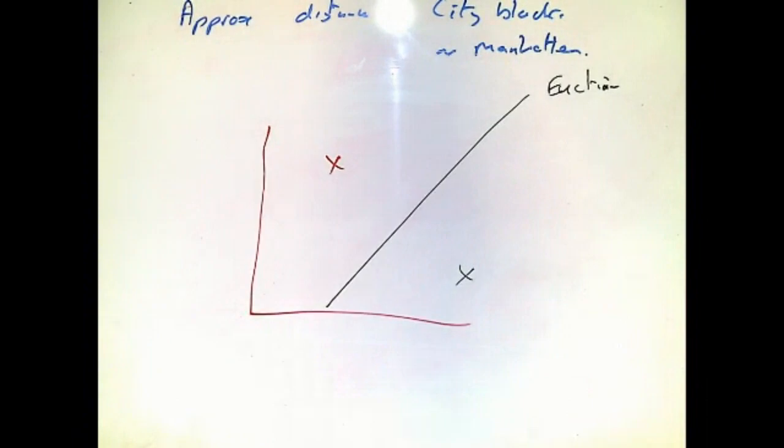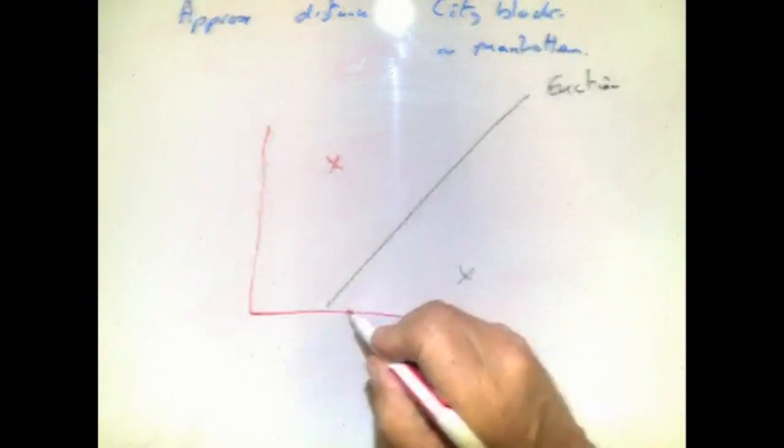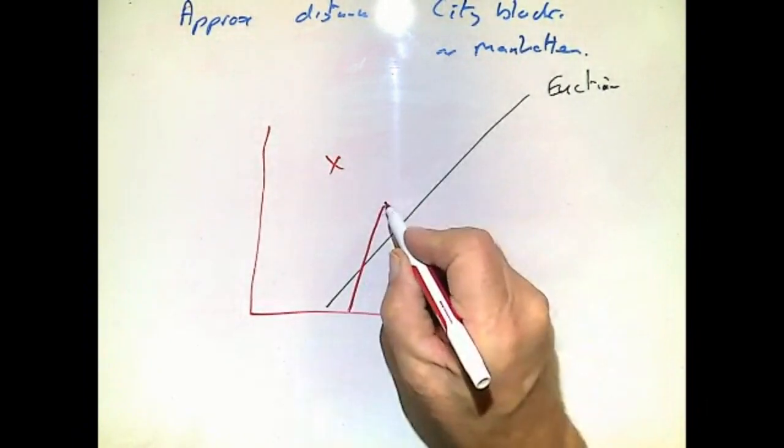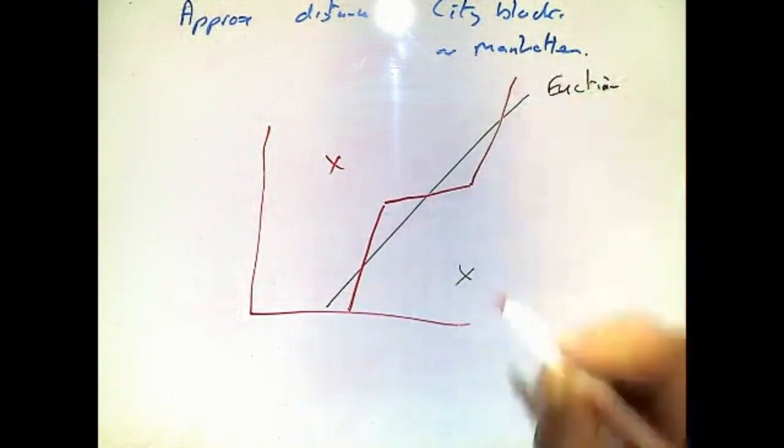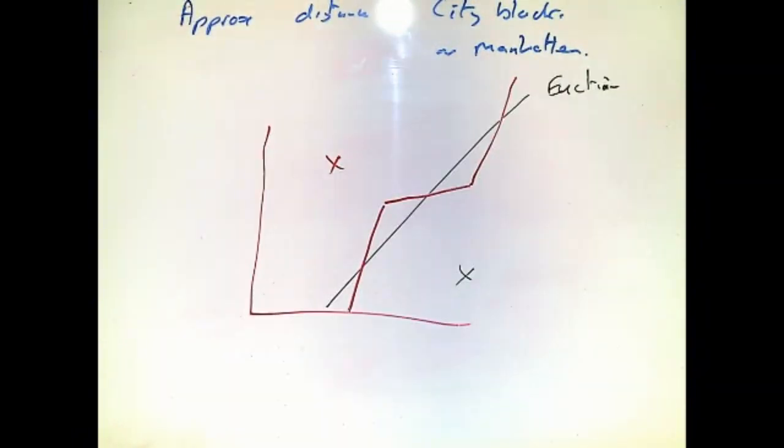And the city block will appear something like this. And I call it a dogleg. And that is because the contours of equidistance are not circular. And the beauty of circles is if you overlap them, they will only intersect at 2 points. Whereas a piecewise linear contour will possibly overlap on the linear parts.